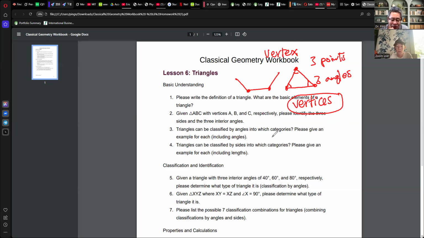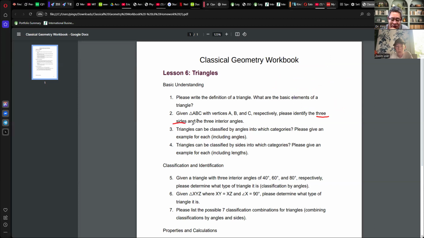Given the triangle ABC with vertices A, B, and C, respectively, please identify the three sides and the three interior angles. Basically, how do we express that? How do we write out the three sides and the three interior angles? Let's do the three sides first. We have a triangle. First, we're going to graph it.